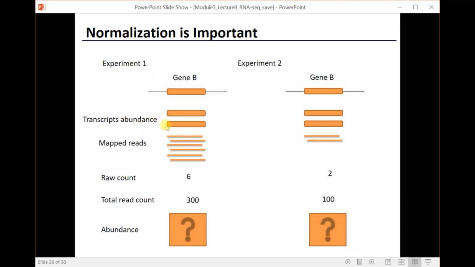Even though the transcript abundance of gene B is the same between the 2 experiments, with 2 copies of the transcript, the mapped reads in the first experiment are 3 times the mapped reads in the second experiment. Does that really mean that gene B abundance is high in experiment 1 but low in experiment 2? Of course, this conclusion is wrong.